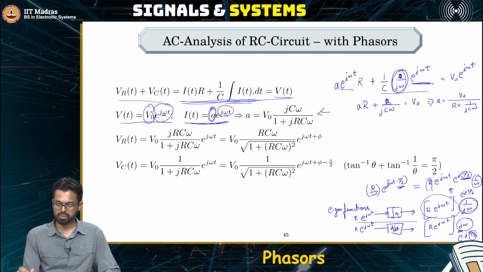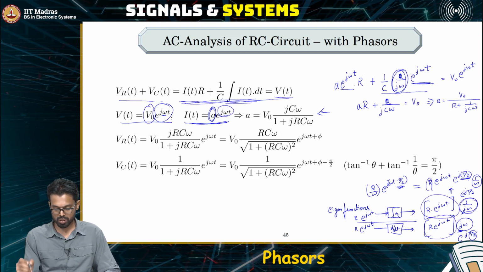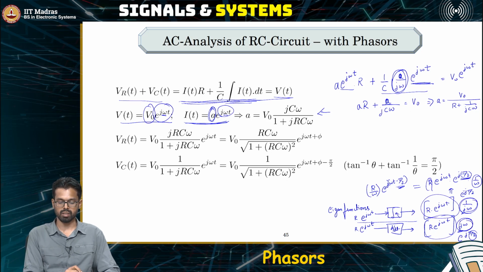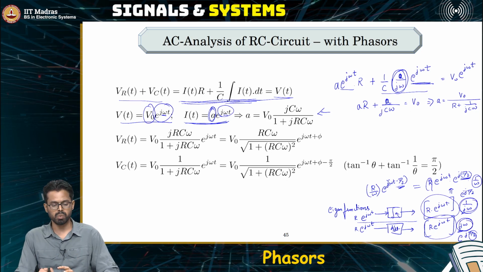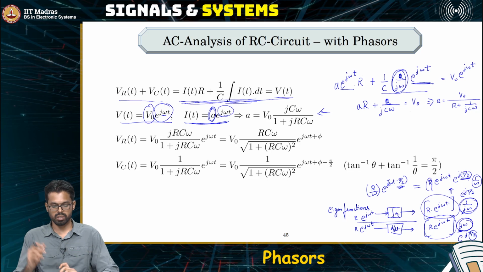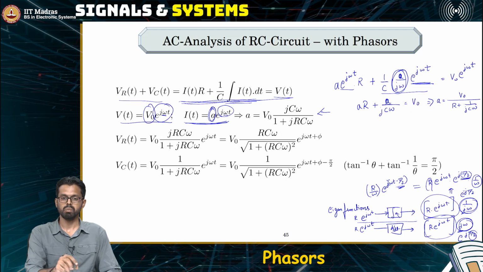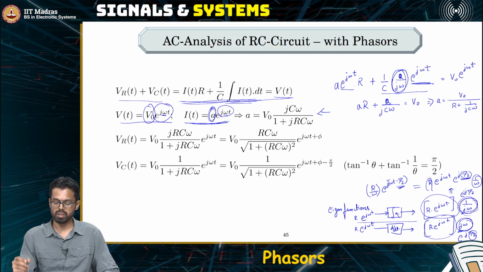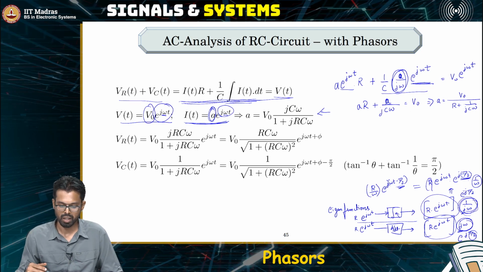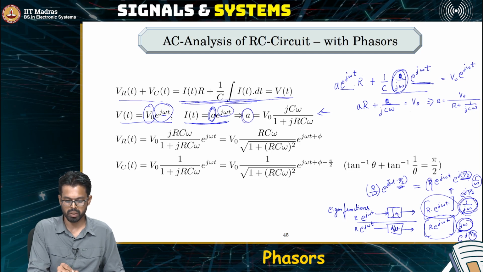Similarly, if there was a derivative, feed in a phasor, output is also the same phasor, just a multiplication factor. So we don't have the problem of solving a huge differential equation and then trying to get the solution. Whatever is the input, write it as such, multiplied with some 1 by j omega or j omega, and then from that we can find out what should be the magnitude.